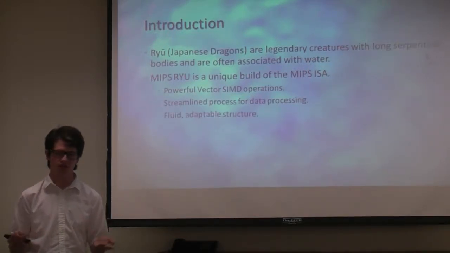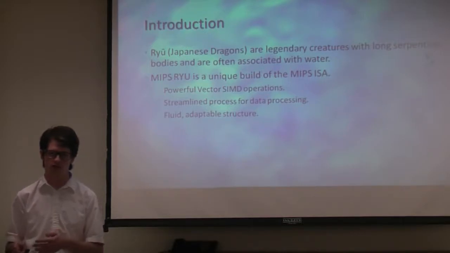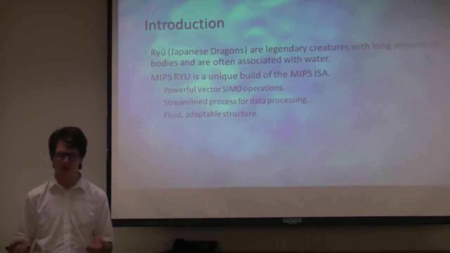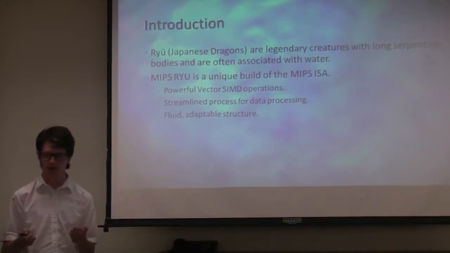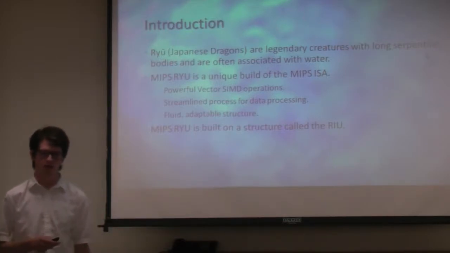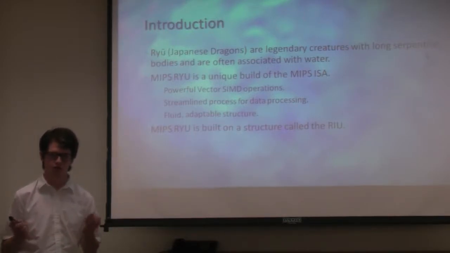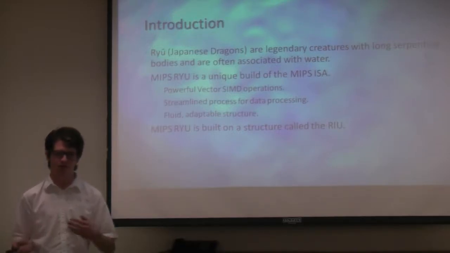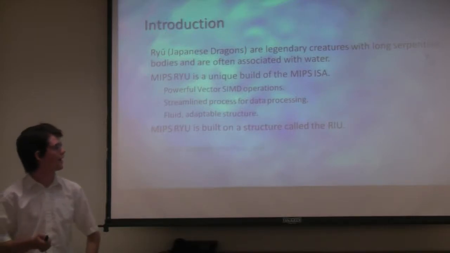It's streamlined for data processing, which relates to water. Dragons are related to water, and so it's streamlined. And it's also fluid and adaptable because of the structure we call the Ryu. The Ryu is the register interface unit, so MIPS Ryu is a play on sound because they're both Ryu.